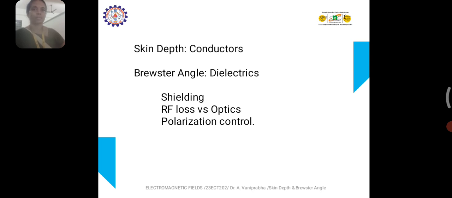The Brewster angle, as I discussed, is measured within the dielectric medium, whereas skin depth is measured in conductors.